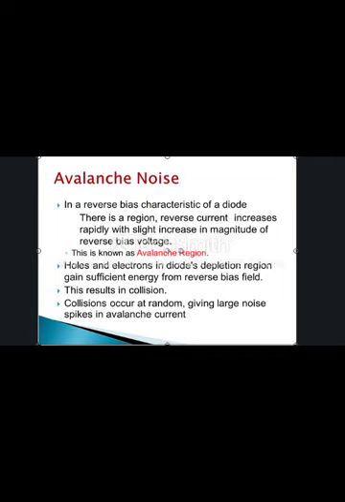This is the region which is called the avalanche region. Holes and electrons in the diode's depletion region gain sufficient energy from the reverse bias field, and this results in collision. Collisions always occur at random, thus giving rise to large noise spikes in avalanche current.